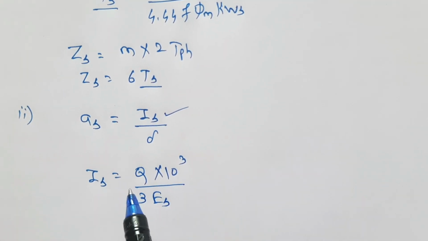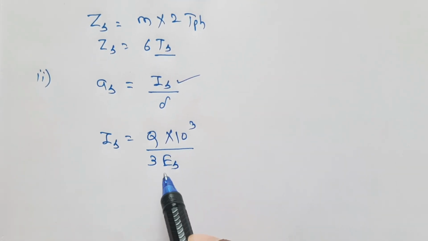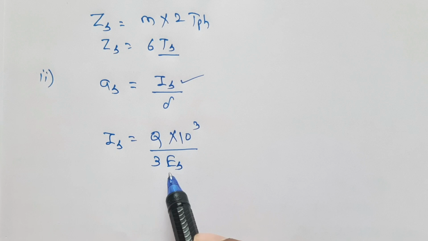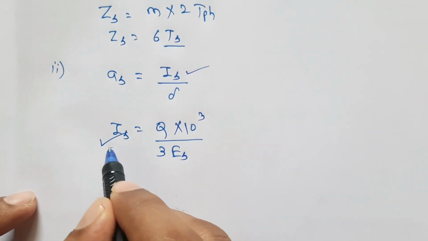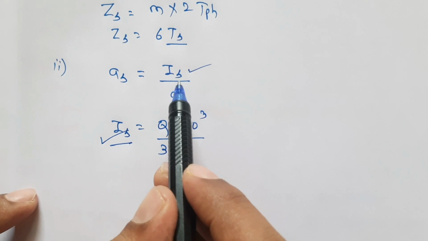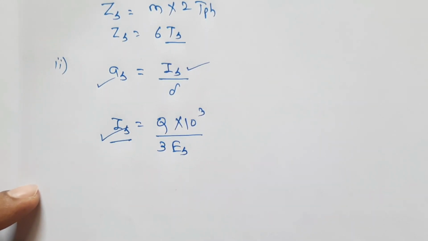We already found Q is input kVA into 10 to the power 3 divided by 3 into ES. The value of ES is 400 volt, which is given. From this, we get the value of IS. Now put the value of IS in the above formula, that is IS divided by delta. We will get the value of AS.